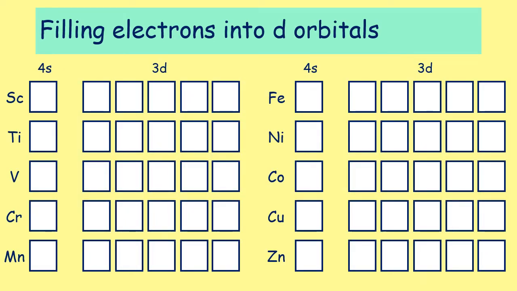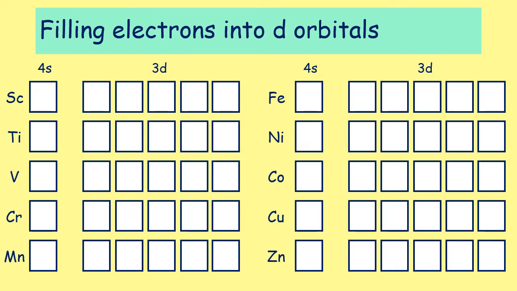Now, when it comes to filling electrons into the D orbitals, you will mostly only be asked for showing the 4s and the 3d orbitals in either spectroscopic notation, as you went over in a previous video, or the orbital box notation, which is what I'm going to show you here, and how it varies across the 10 first row transition metals, or first row D block elements, if I'm going to be more exact.